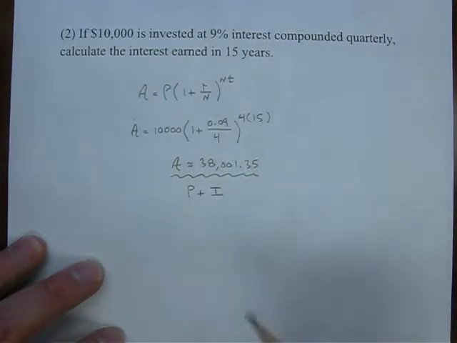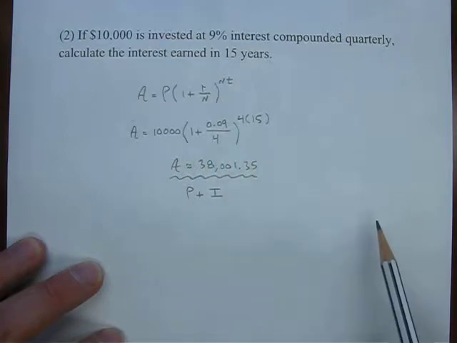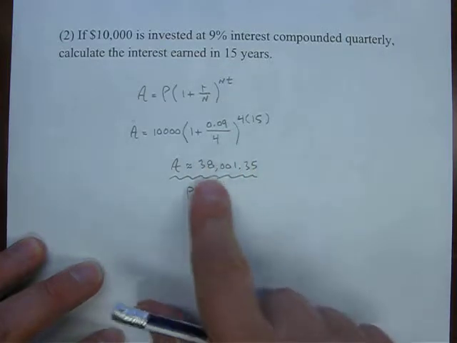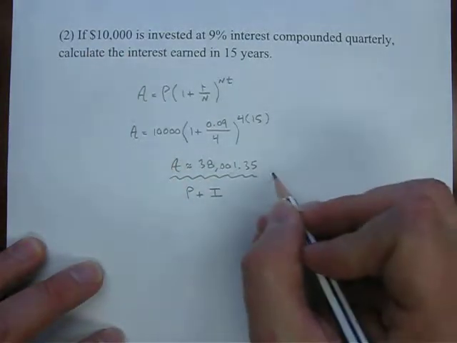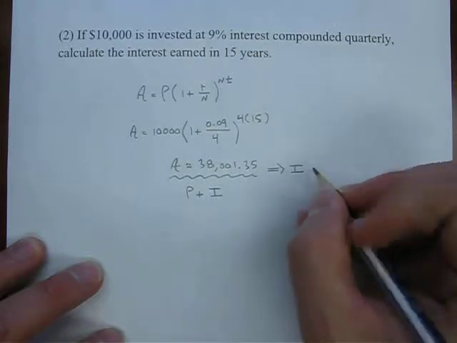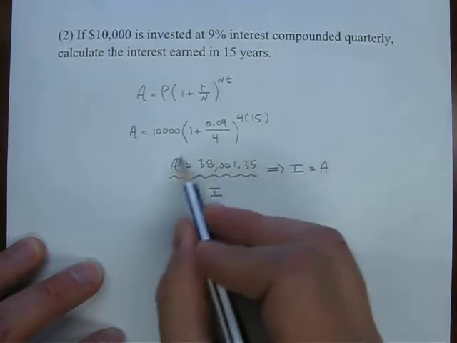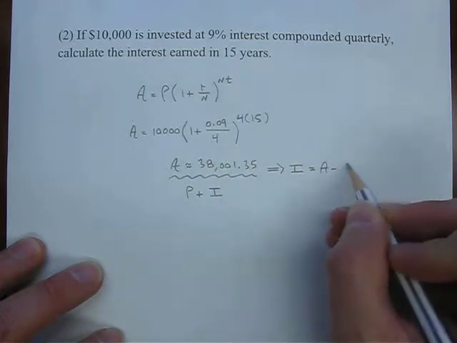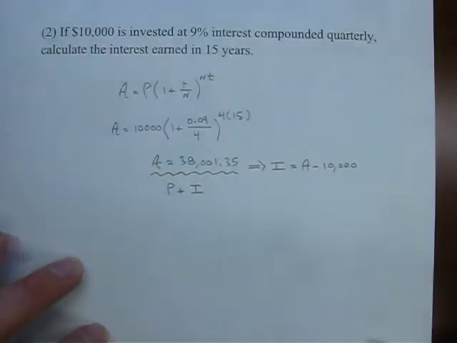All right, we look at it like this. If I started with 10,000 and it grew to 38,000, then if I took 38,000 minus 10,000, that would be the interest. All right? So we'll just make one more step. The interest is equal to A, which is this number, minus the 10,000 that we started with.